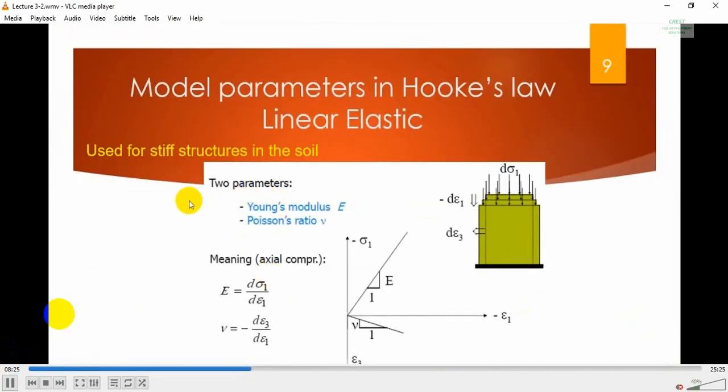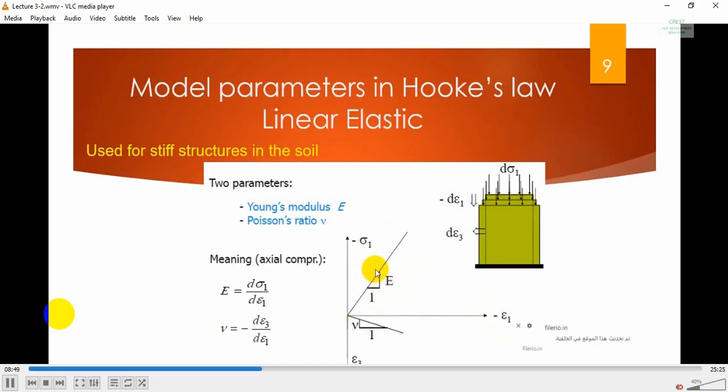The linear elastic model depends mainly on Hooke's law, and it can be used for stiff structures inside the soil like piles and footings. To use this model, we need to define two parameters: E, which is the Young's modulus or modulus of elasticity, and mu, which is the Poisson's ratio.